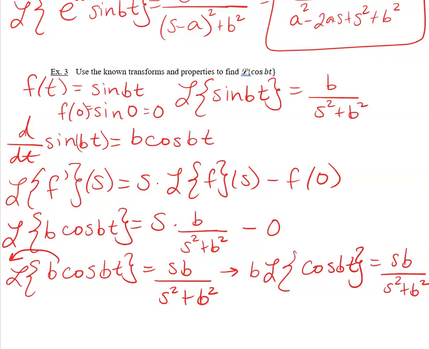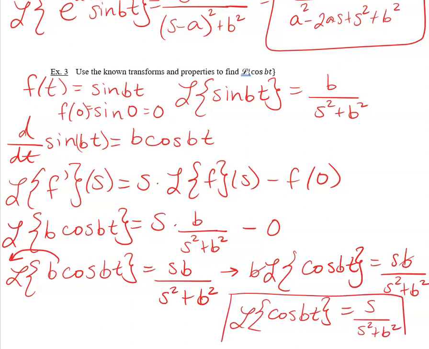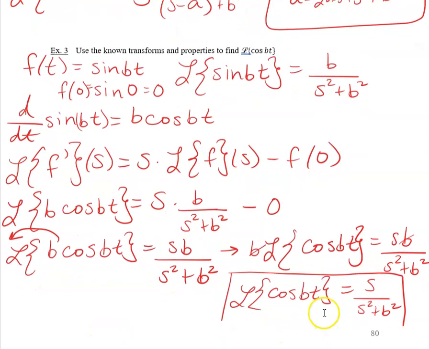Remember, what I was looking for was the Laplace transform of cosine of bt. So to get rid of that b, since it's a constant, I can just divide it to the other side. So then I have the Laplace transform of cosine of bt. When you divide by b, this b will cross out, and I'm left with s over s squared plus b squared. And that is the Laplace transform for the cosine of bt.